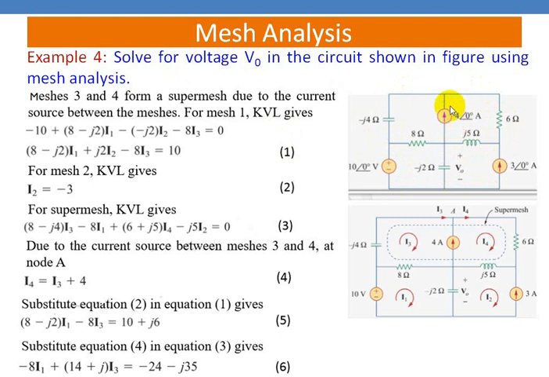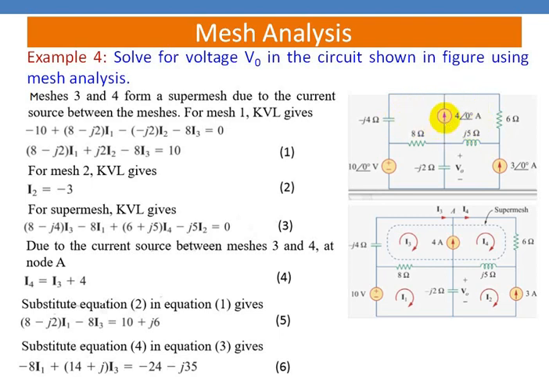Here you find that the current source is common between first mesh and this mesh and this mesh. If a current source is common between two meshes, in this case we have to form a super mesh. Since it is common to these two meshes, we should combine them and form a super mesh.